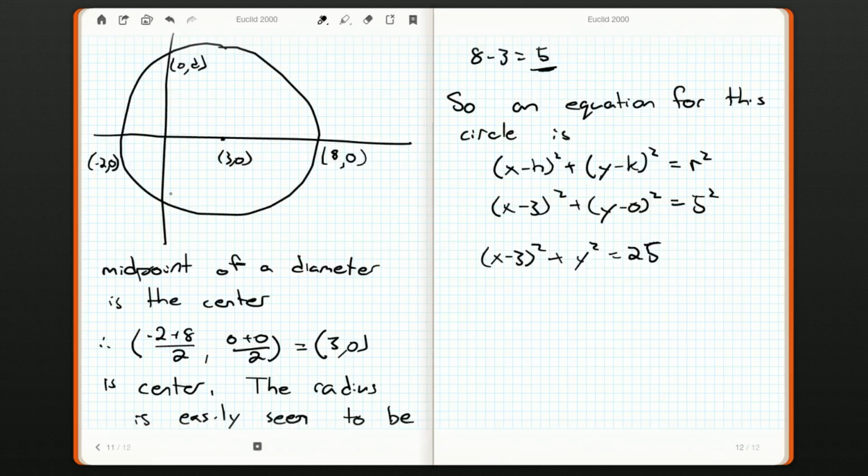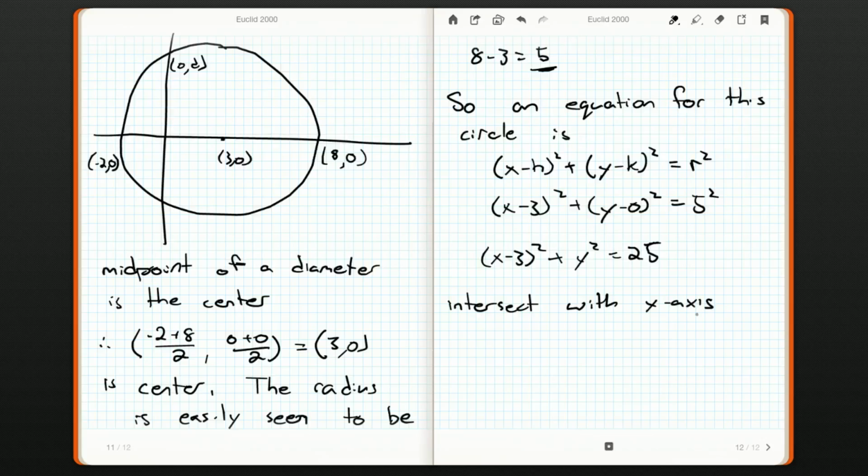Now, we want to figure out what the points of intersection between that and the y-axis are. Okay? So we'll intersect with the y-axis, which is the line x equals 0.